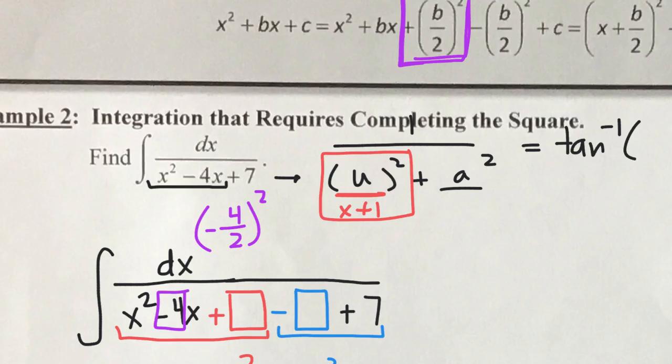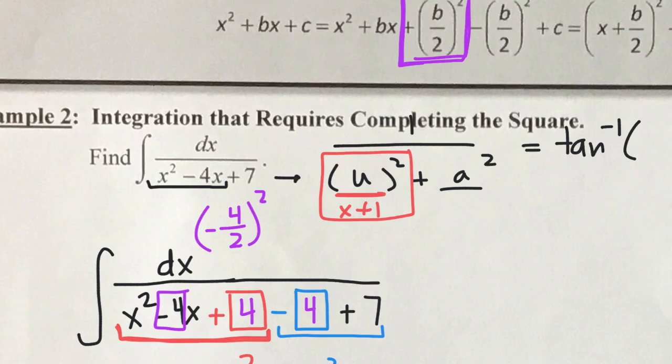So half of negative 4 is negative 2, and negative 2 squared is 4. So we're going to put a plus 4 and a minus 4, because what is 4 minus 4? 0, right? We're adding 0 to this equation, which doesn't change it. Adding 0 to my bank account doesn't make me any richer, unfortunately. But what it does do is make this into a perfectly factorable quadratic.